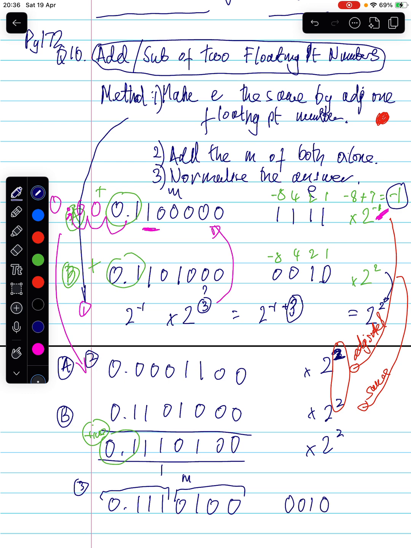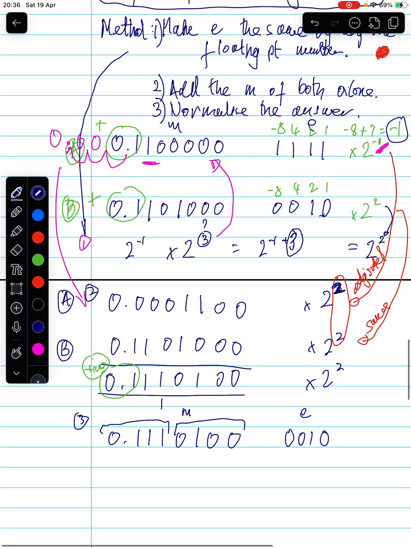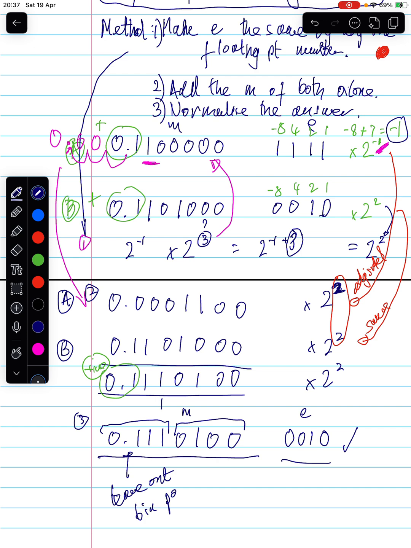That's our exponent, and that is our final answer. Once again, leave out the binary point because that is not stored. It's assumed to be in that position for normalized floating point numbers.